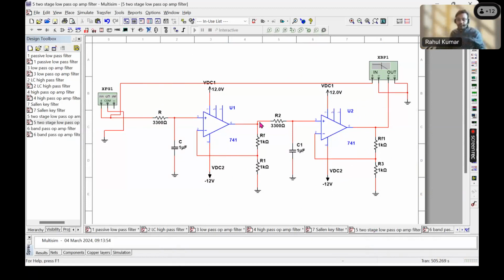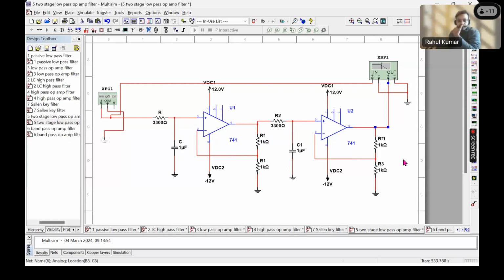Simply, you connect the output of your first filter to the next filter. And the values of resistance and capacitance are also the same. RF, R1, everything is the same. Just two same filters connected together, back to back or in series.